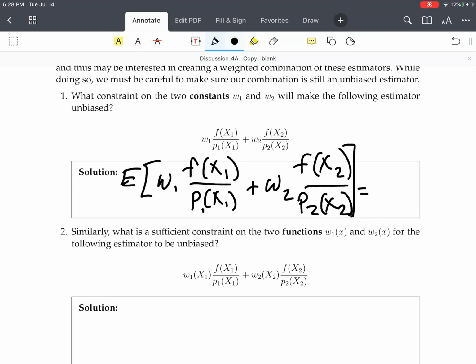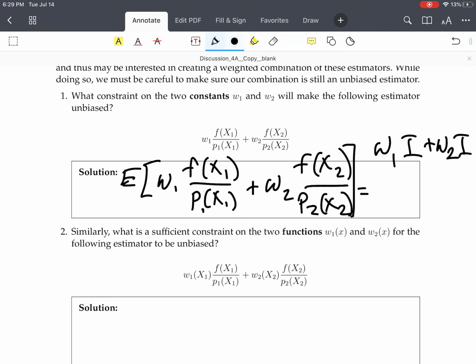These w's are constant, so we can pull them out. We can distribute the expectation to each of these individual terms. And remember, as we did up top, the expectation of f of xi over p of xi is going to be I, right? It's an unbiased estimator by itself. So it's going to become W1I plus W2I, right? Because the W's come out, and the expectation of these fractions is I.